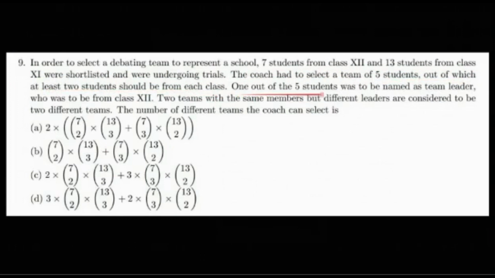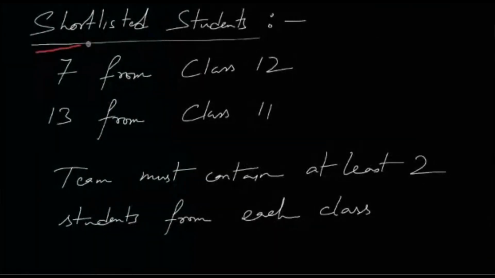One out of the 5 students was to be named as team leader, who was to be from class 12. Two teams with the same members but different leaders are considered to be two different teams. The number of different teams the coach can select is, so basically we have to find the number of possible teams under these conditions.